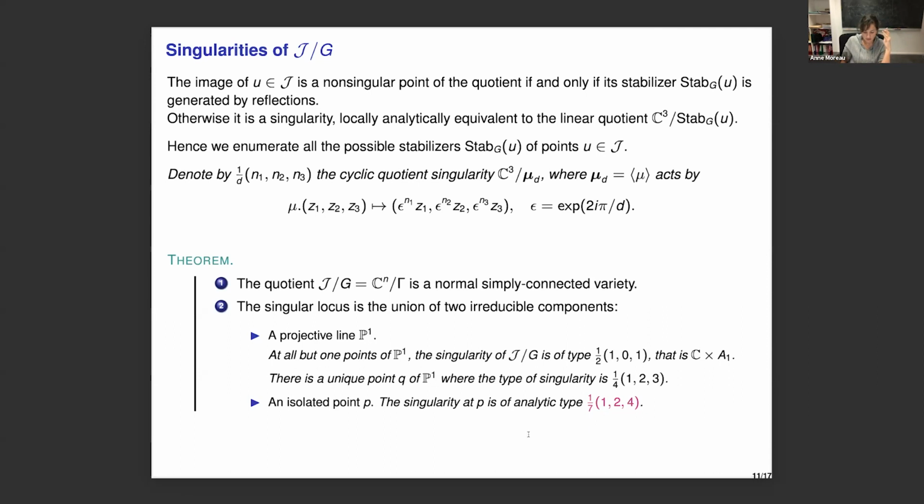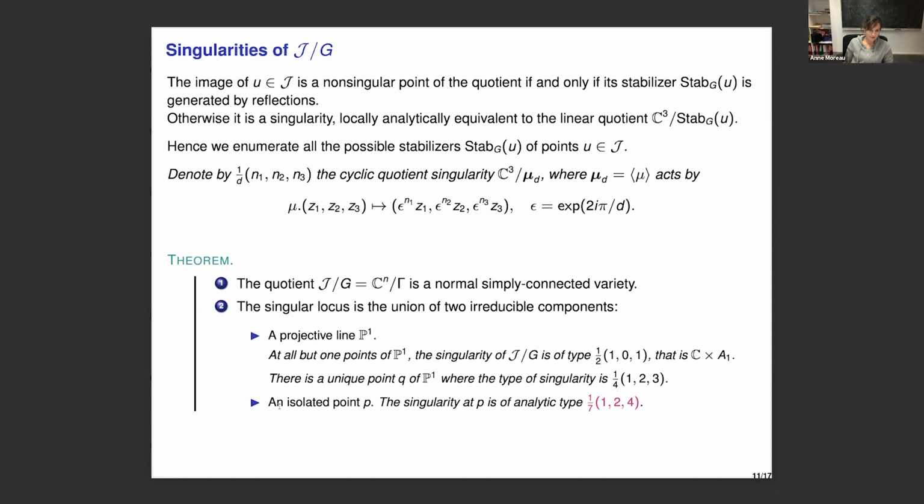The singular locus is a union of two irreducible components. First, you have a projective line isomorphic to P1, and in this line, all but one point have the singularity of type 1/2 (0,1,0,1) in my notation, which means the Cartesian product of C by the Du Val surface singularity of type A1. And there is a unique point in this line where the type of singularity is this one.